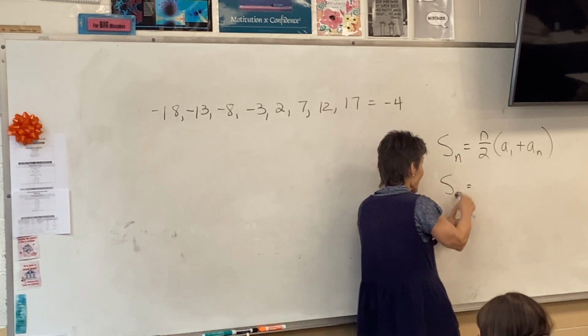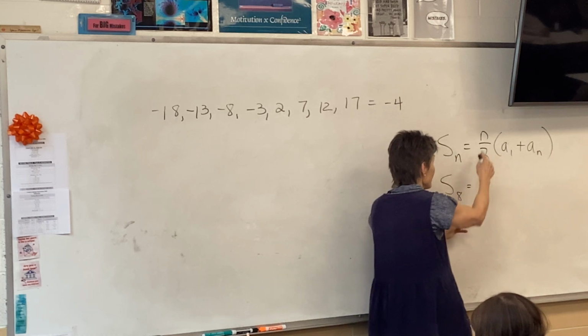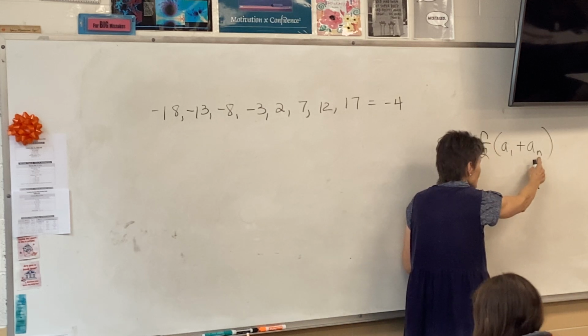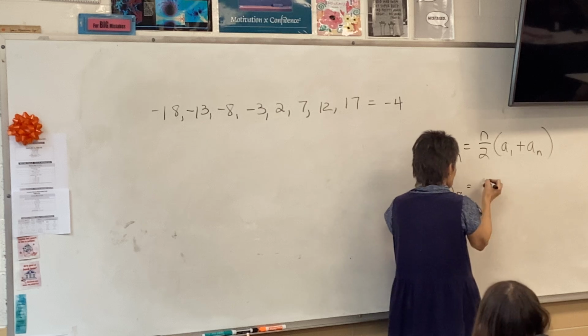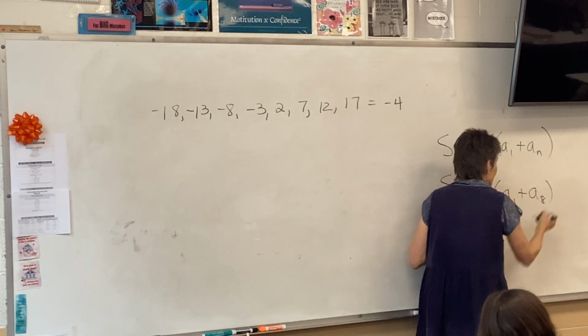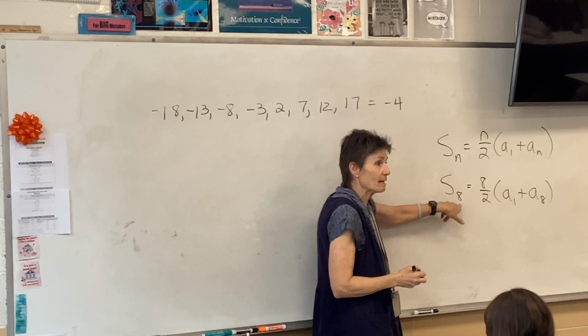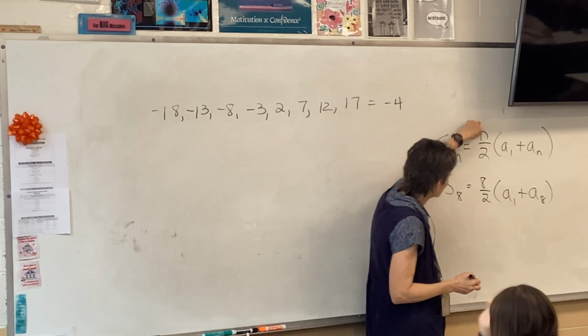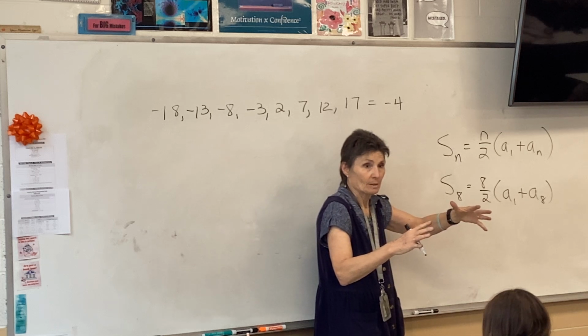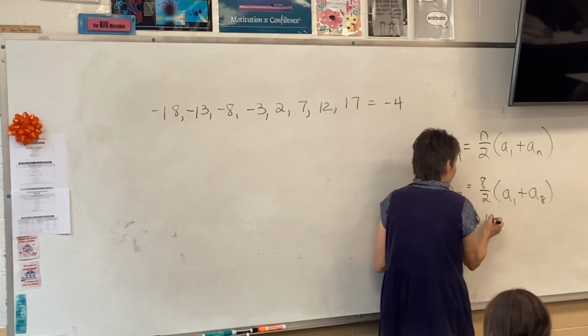But that n right there, that 8 is the same as this, is the same as that. So I can already say 8 over 2, a sub 1 plus a sub 8. I am adding up 8 terms. All of these n's are 8s. Okay, so I've got 4 out in front.